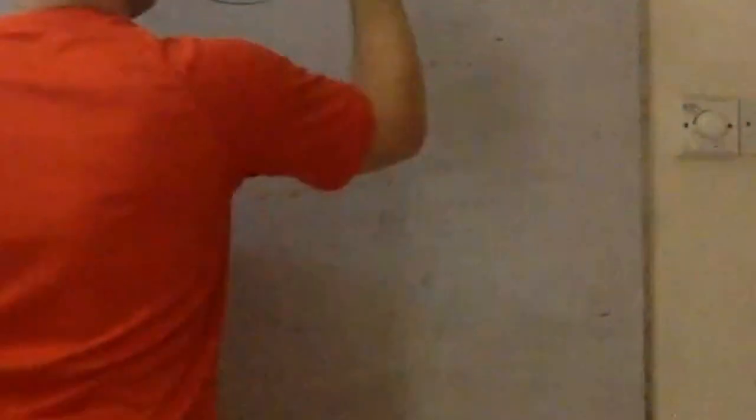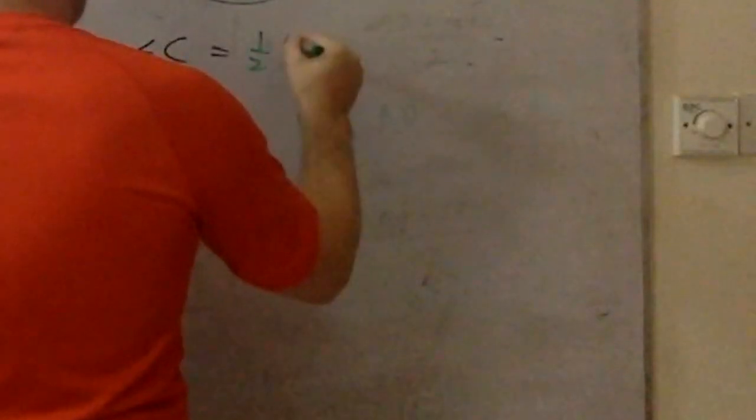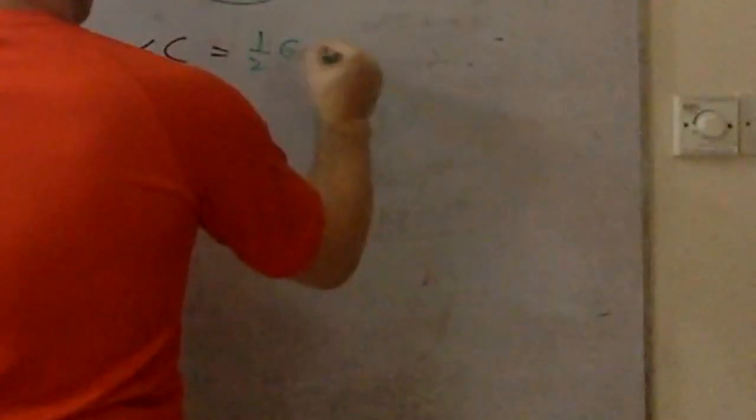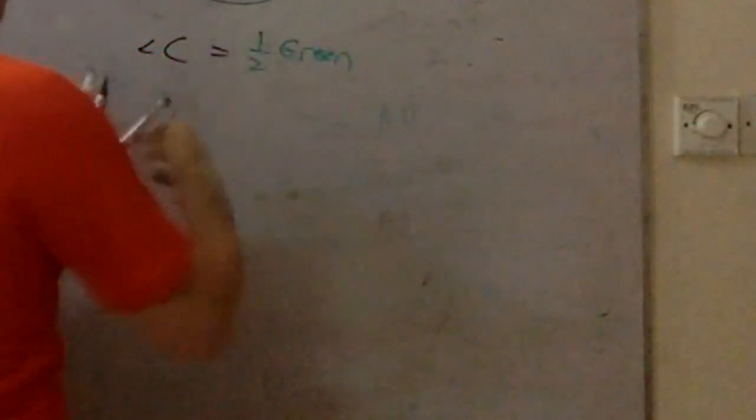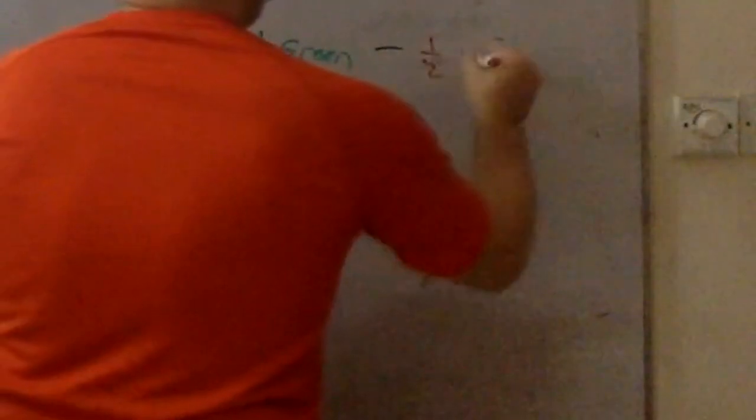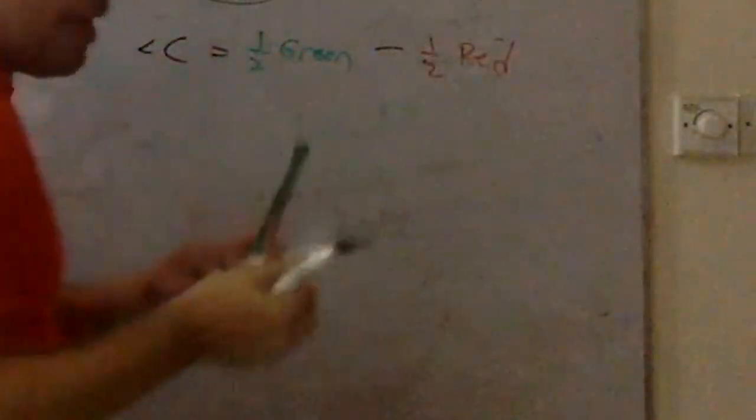Same idea, you have a green and a red. And let's call that angle C. And the idea is angle C is equal to 1/2 the green minus 1/2 the red. And it works the same way.